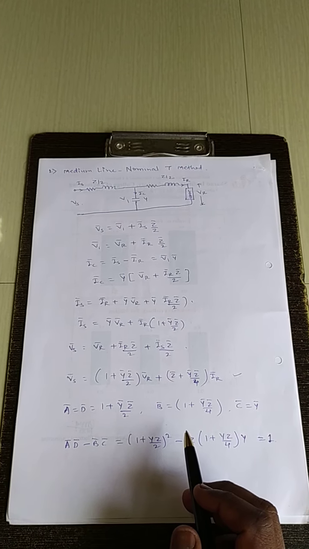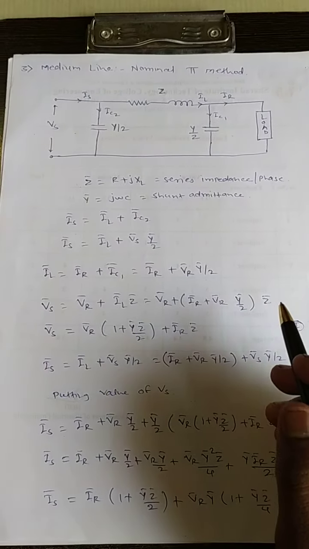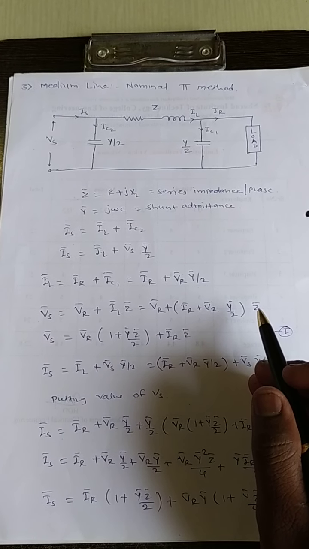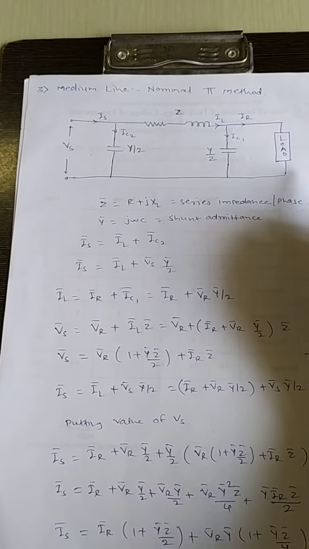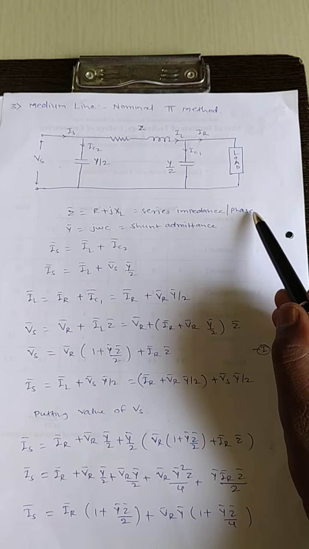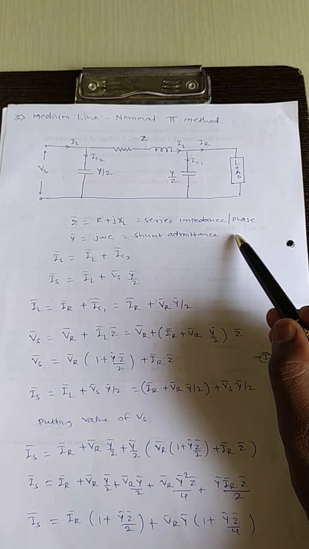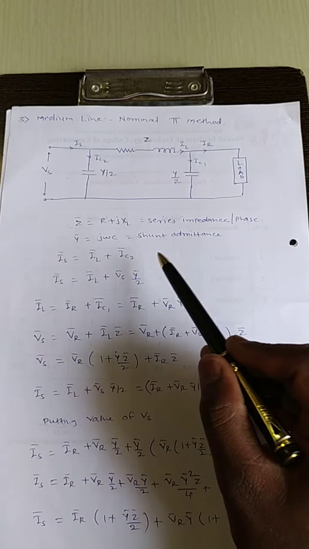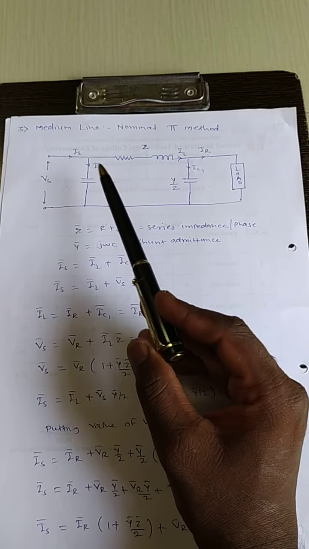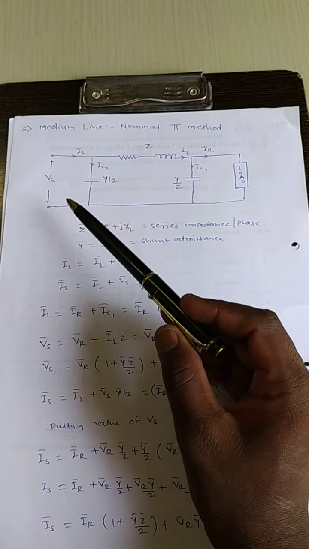Then we discuss the ABCD parameters of the medium transmission line by the nominal pi method. This is the representation of the line in the nominal pi method. Z is the series impedance per phase, and Y is the shunt admittance. Then we find the value of Is, that is, Is is equal to IL plus IC2.